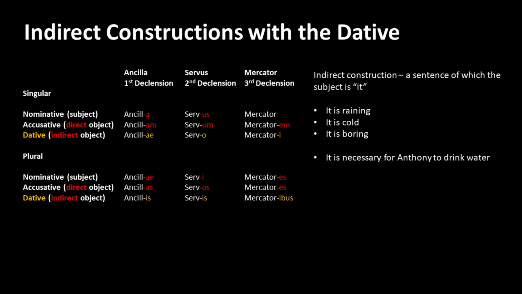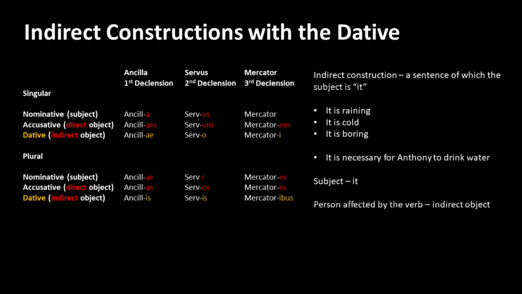Let's then have a closer look at the sentence, it is necessary for Anthony to drink water. The subject is it. The person affected by the verb is Anthony, and notice that he is an indirect object. It is necessary for Anthony. In English, you put for in front of it to show that it's an indirect object.